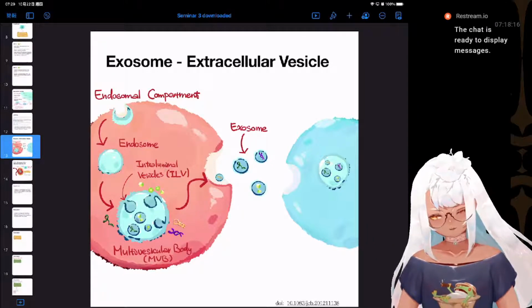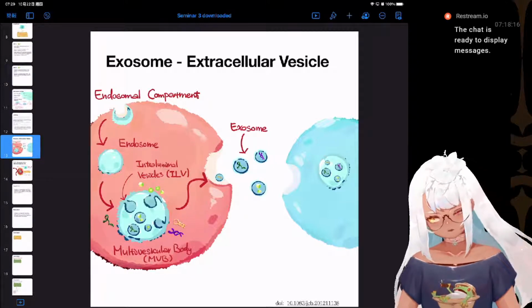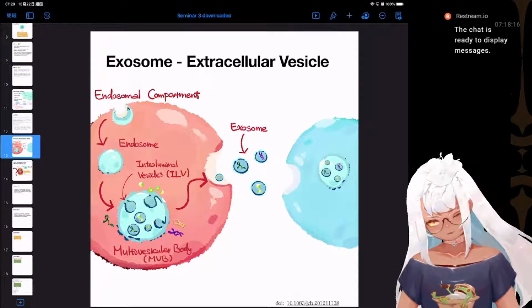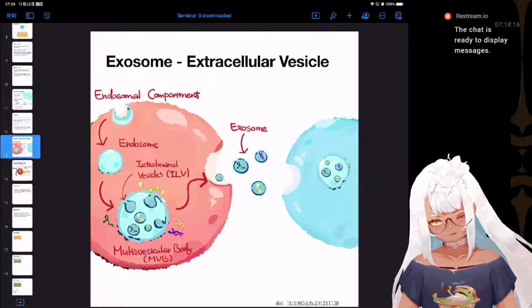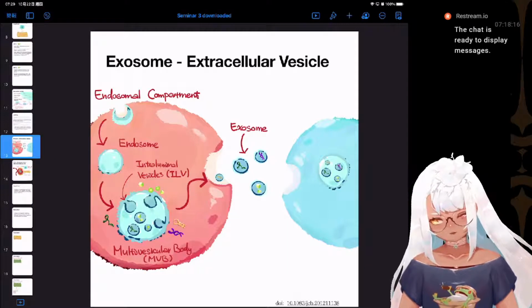Exosome is synthesized, produced by the endosomal compartment of the cell, which first of all is in the form of endosome. Then if the membrane of this endosome is bent inward, it will form intraluminal vesicles, which contain many substances inside.